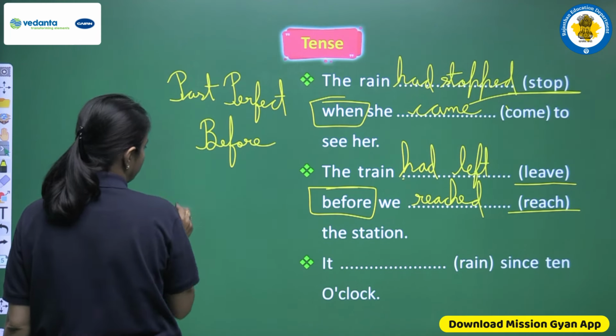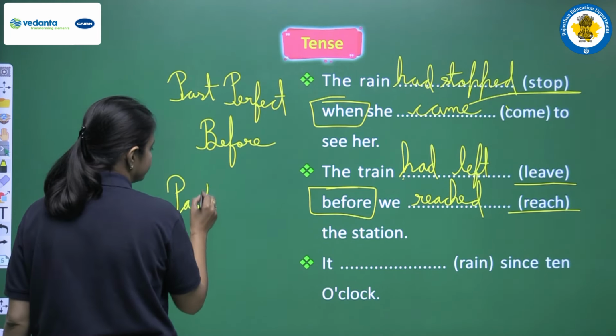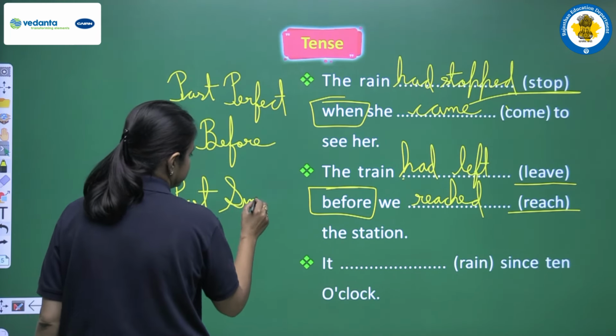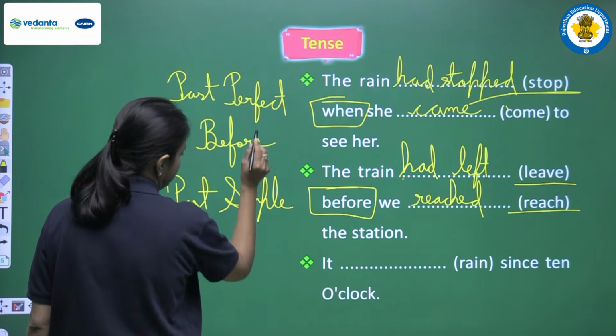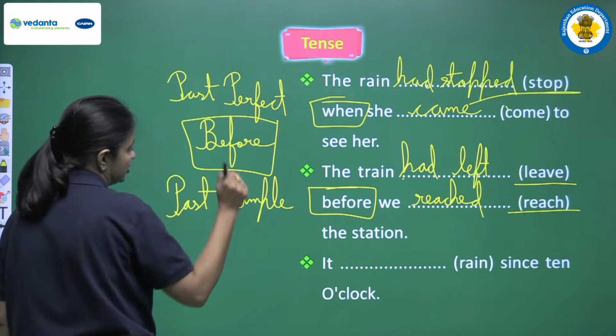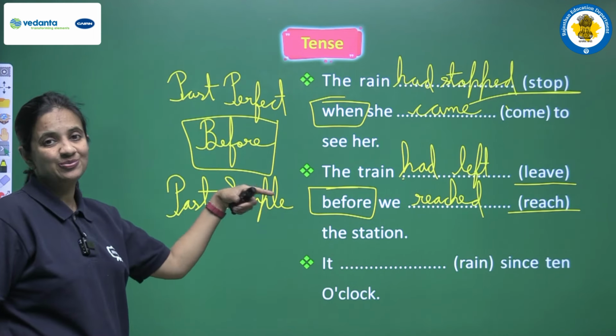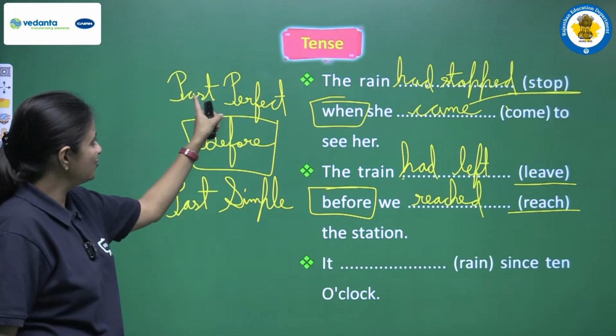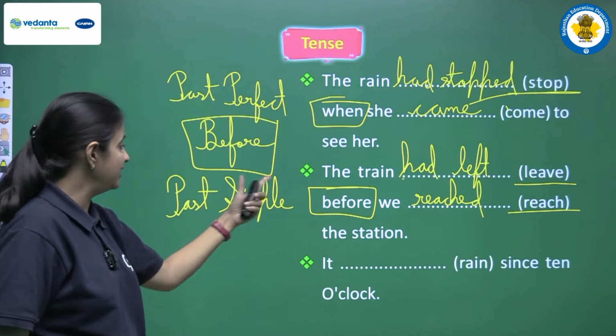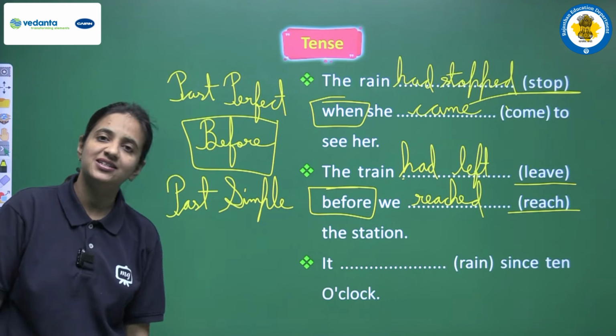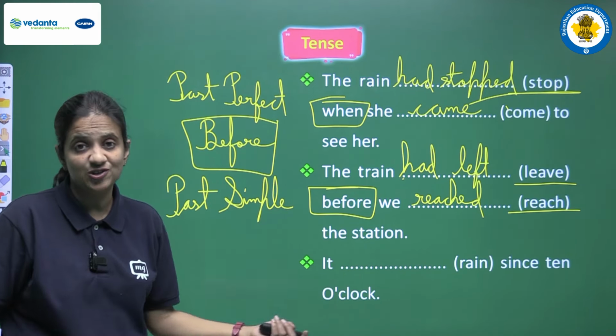After before we have to use past simple. If we are having before as a conjunction, the clause that is there before this conjunction, in that clause we have to use past perfect tense, and in the second clause we have to use past simple tense. This is the structure actually.